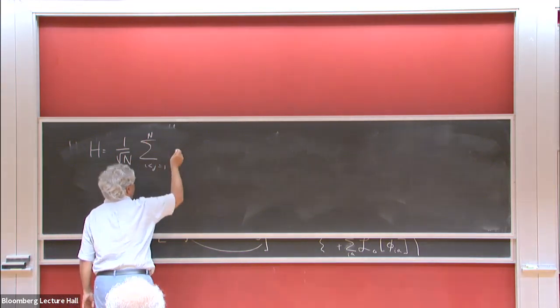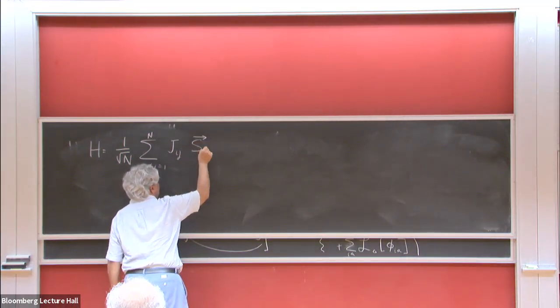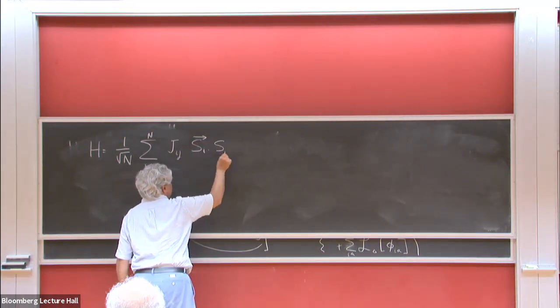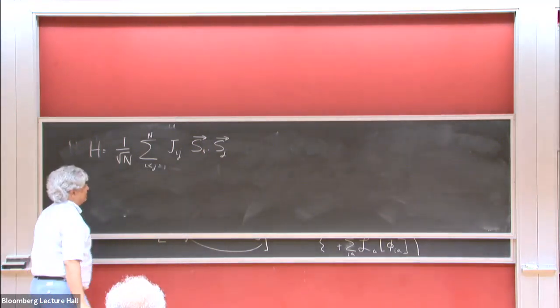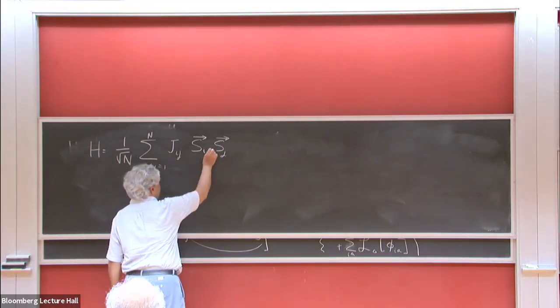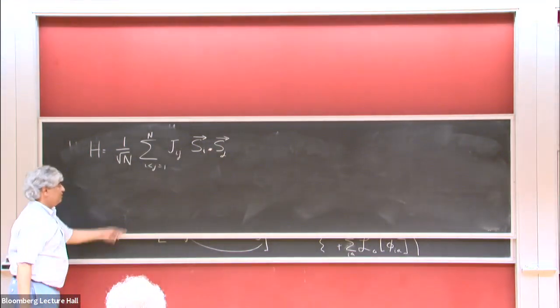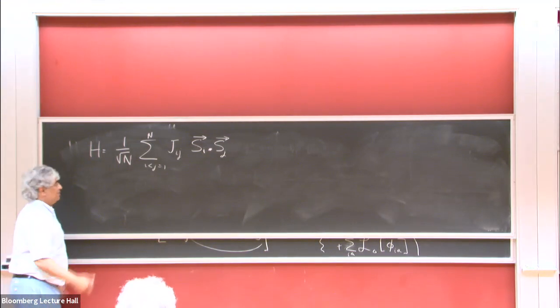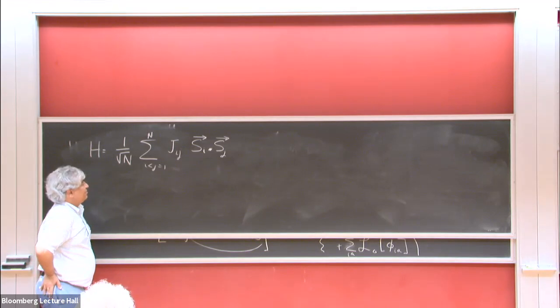So very much like the model we've just considered. But we're going to take these to be Heisenberg spins, which don't commute with each other. And that's it. So you'll have an SU(2) symmetry, although you can reduce that symmetry, I believe, and not get rid of the features we're going to see.